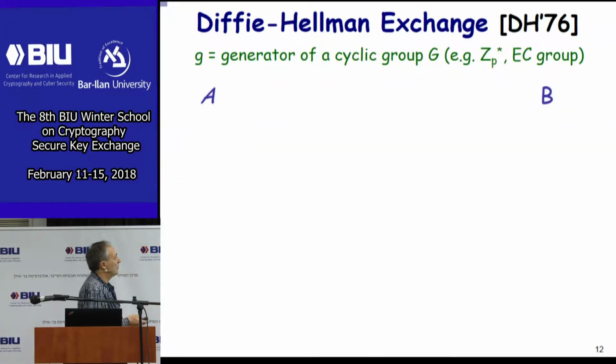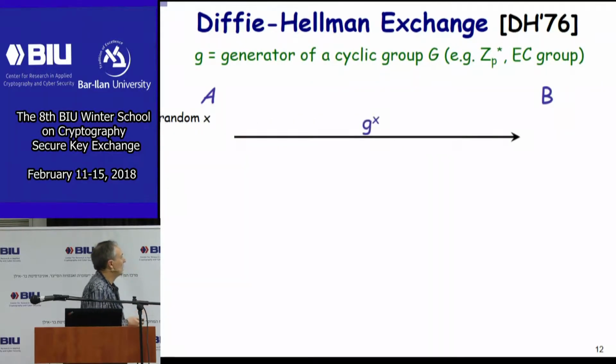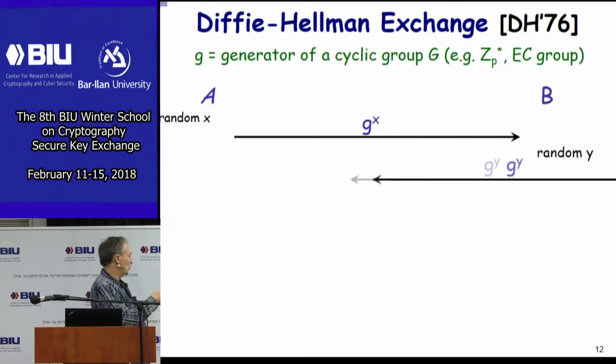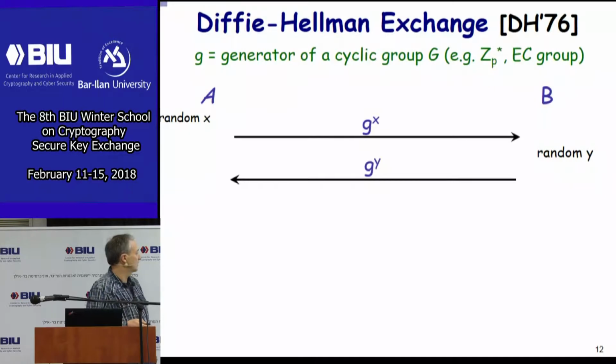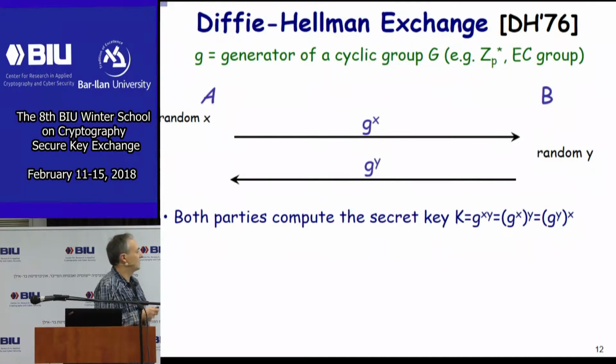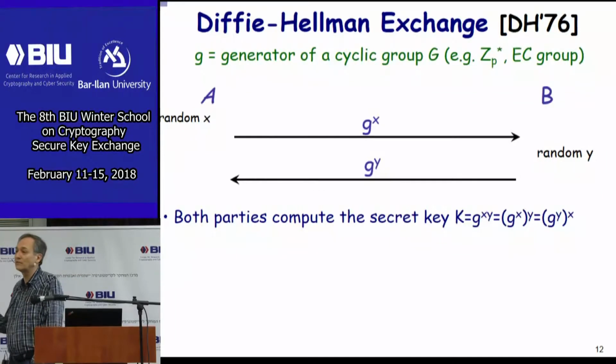So my main example will be Diffie-Hellman exchange. This is just to show you that I can do animation in a slide. We all know, I assume, what Diffie-Hellman exchange is.